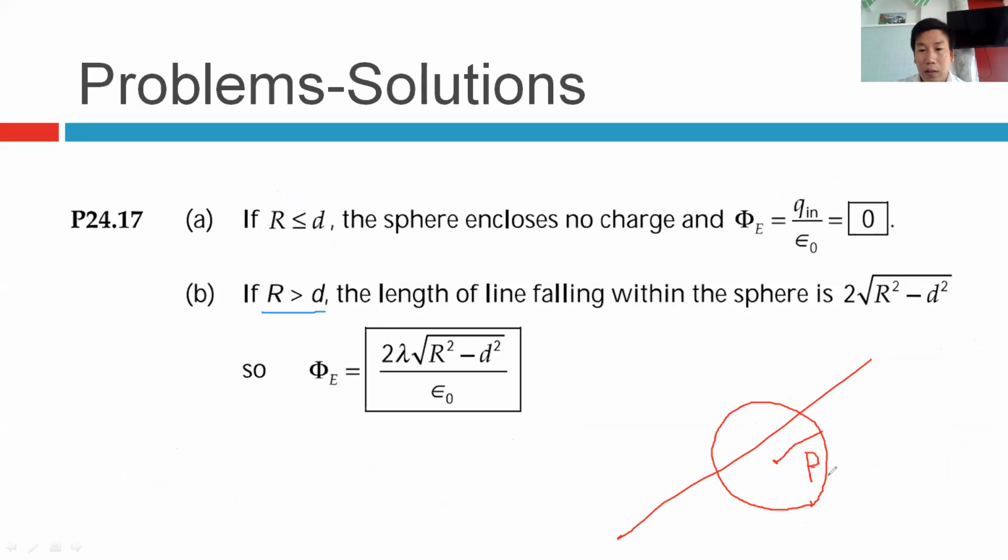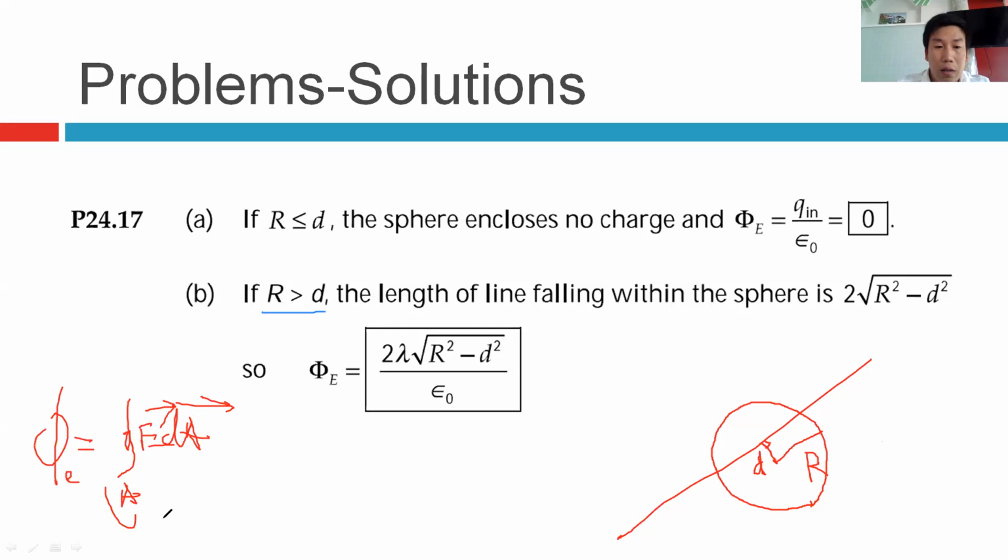This is R, this is D. In this case, because the sphere covers one part of the line, the total charge is not equal to 0. So the flux Φ_E, the integral of E dA, equals sigma Q divided by epsilon 0.